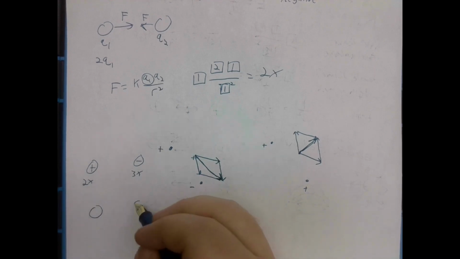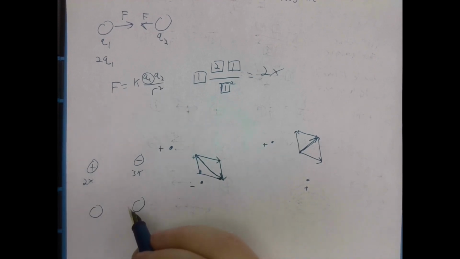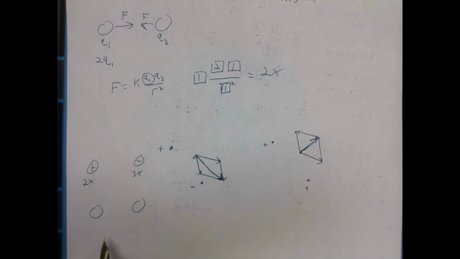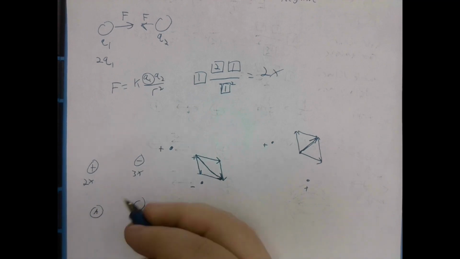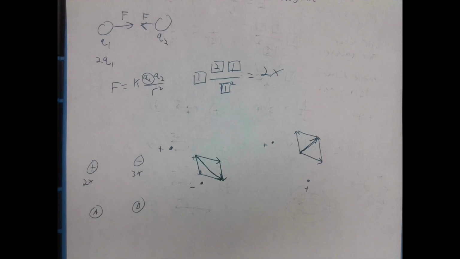If 2 charges repel each other, are the charges positive or negative? You can't tell if they're both positive or both negative. All you know is they're the same charge. So if charge A repels charge B, you don't know if B is negative or positive.